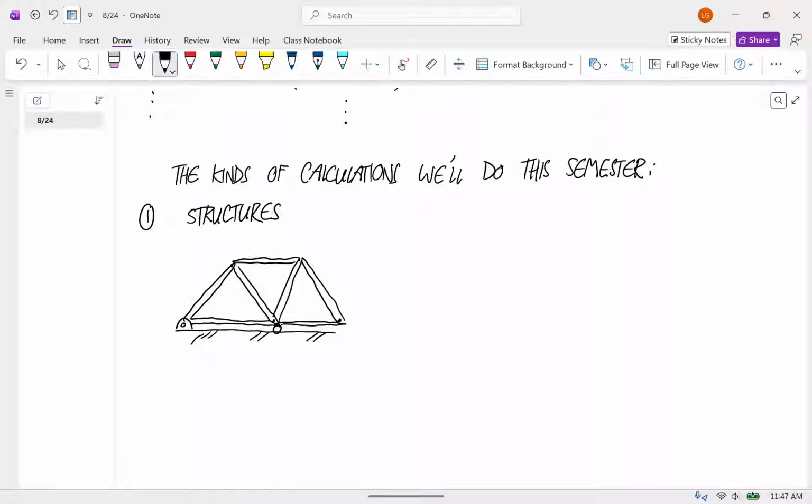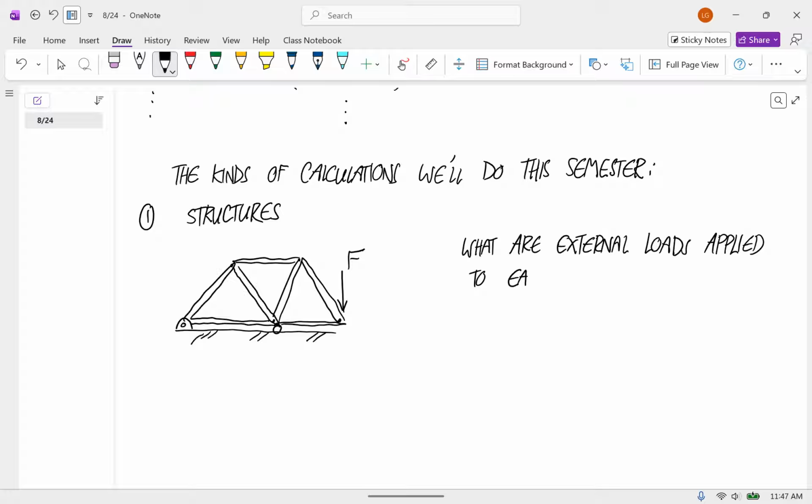And let's say there's a roller here, and let's say there's a force applied like this. Okay. And the question is, what are the external loads applied to each individual member?